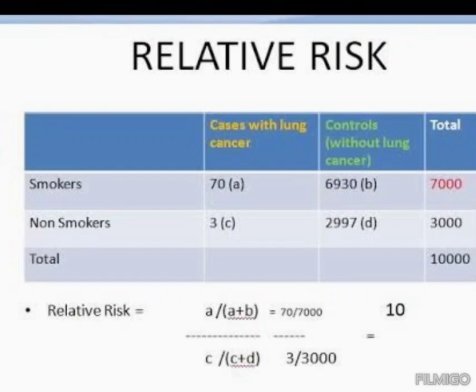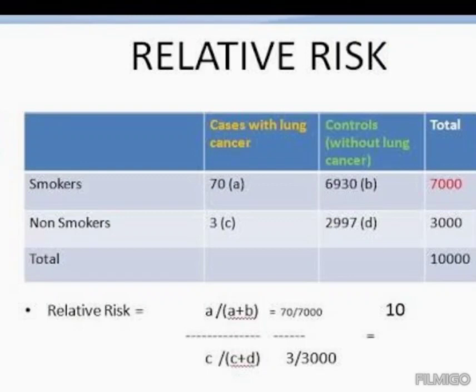Relative risk is typically used in cohort studies. It is the risk of developing disease in the exposed group divided by the risk of developing disease in the unexposed group. That is, incidence among exposed divided by incidence among non-exposed gives the value of relative risk, which we can also call risk ratio. Risk ratio equal to 1 implies no association between the exposure and the disease.